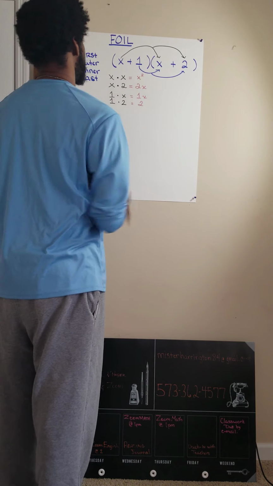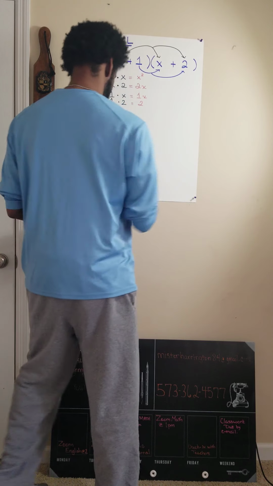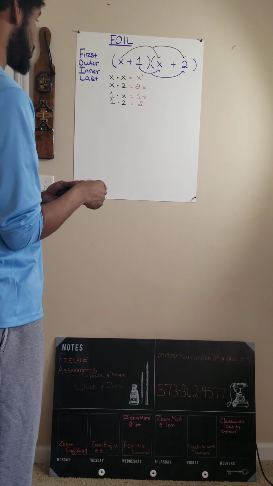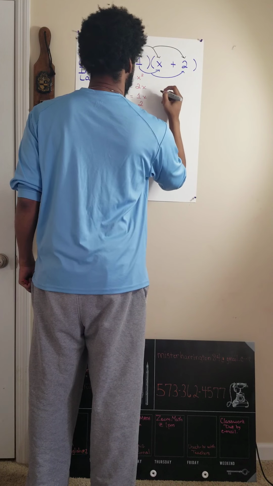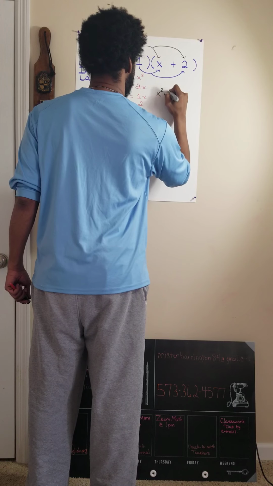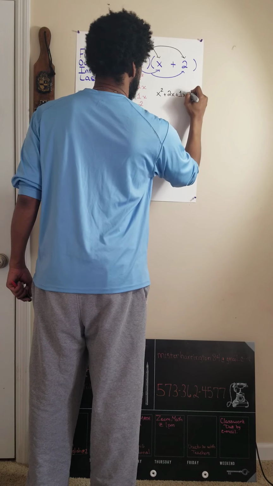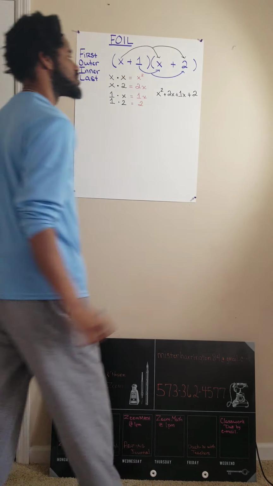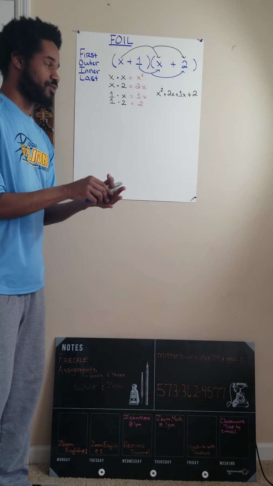So once you put that down this way, you can rewrite it across. What I like to do, let me use black. So now we have x squared plus 2x plus 1x plus 2. Okay? Now remember, this is another thing that we've been doing.